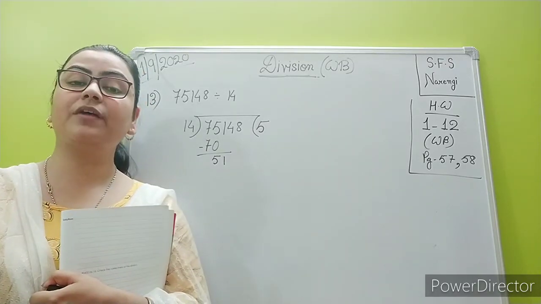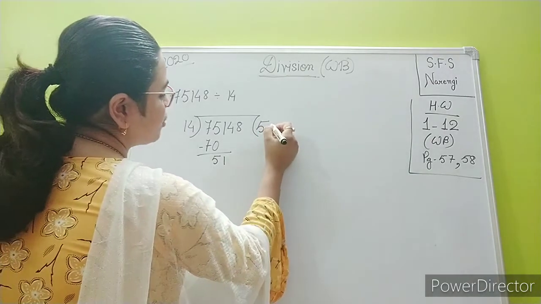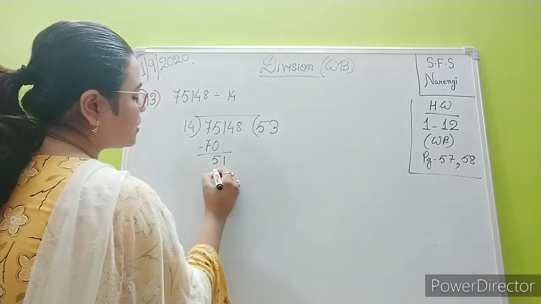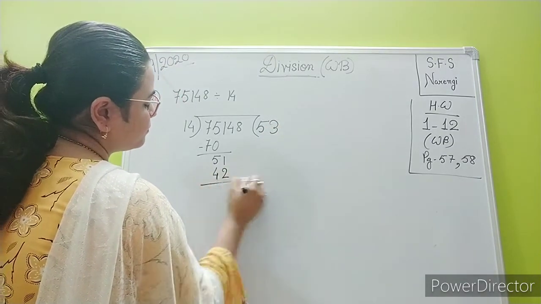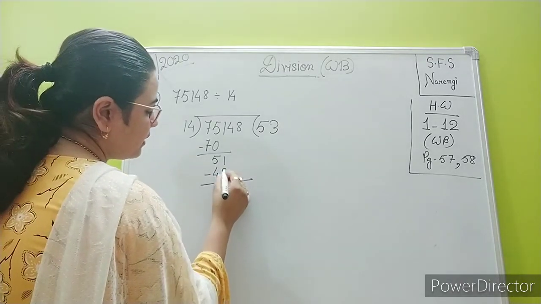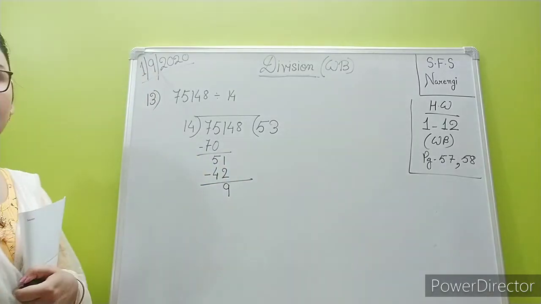That means we need to go with 14 threes. So 14 threes is how much, children? 14 threes is 42. Now when we subtract, we get 11 minus 2 gives 9. 4 minus 4, 0.